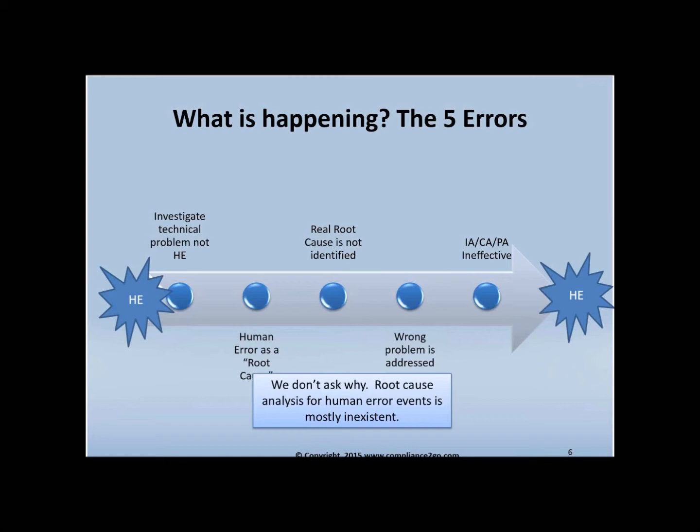So human error stays as a root cause because we haven't done any more investigation, or we haven't really gone into more depth in the investigation. So the real root cause is not identified. And when you don't have the real root cause identified, then the wrong problem is addressed, and that leads to ineffective immediate actions, corrective actions, and preventive actions.